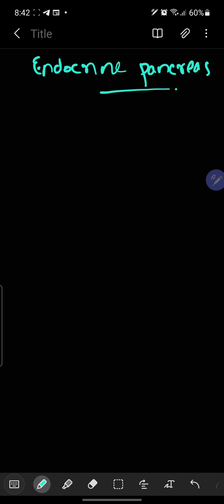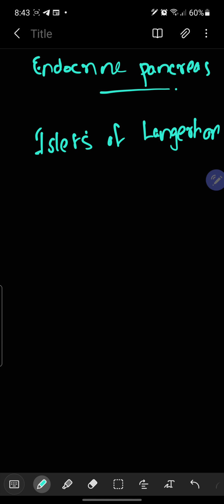Endocrine pancreas. In the tail of the pancreas, there are isolated groups of cells which are called islets of Langerhans.